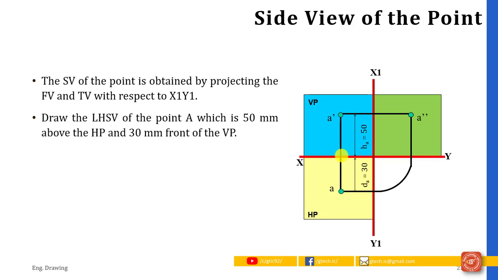The distance of the point on the front view is 50 millimeter, and on the top view you can see the point A is 30 millimeter in front of VP and the height of the point is basically 50 millimeter. So when you have to draw the side view of the point, then you simply project the principal plane on the right side and here you see the point A double dash, that is indicating the side view of the point.